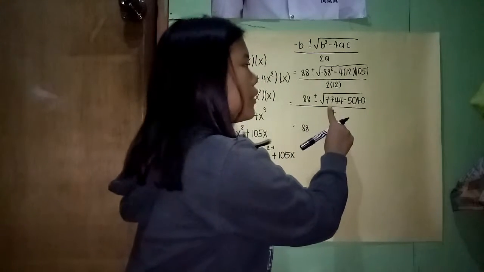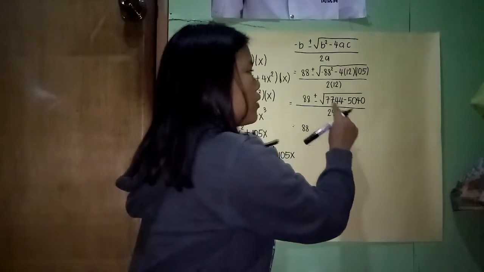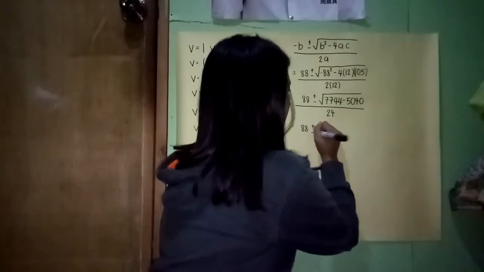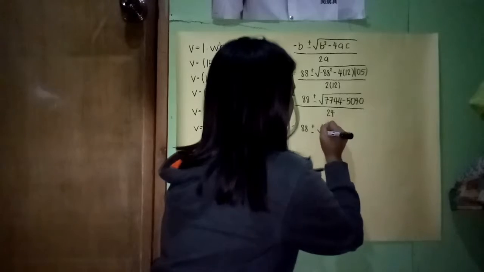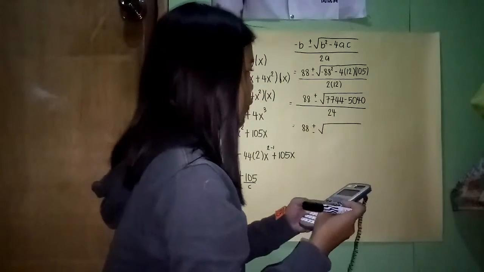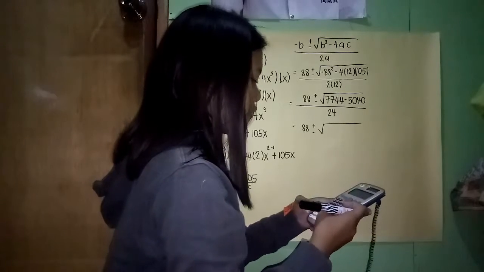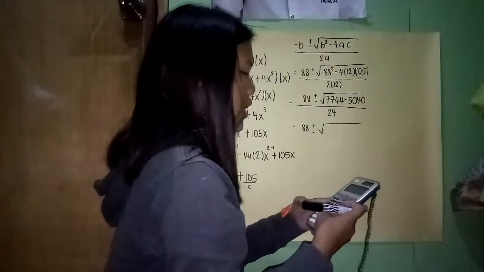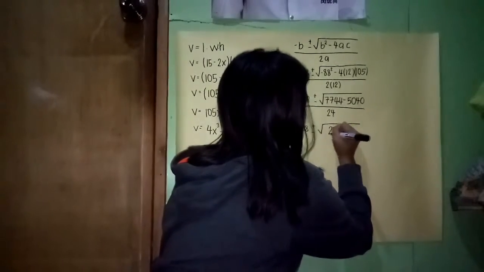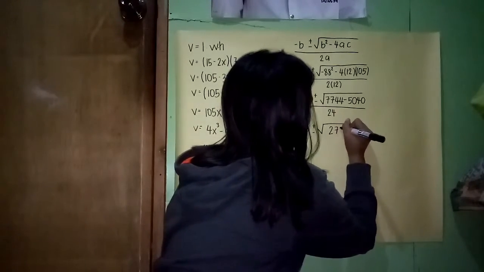We are now going to subtract: 7,744 minus 5,040 is equal to 2,704.